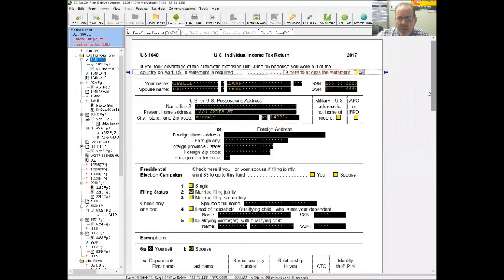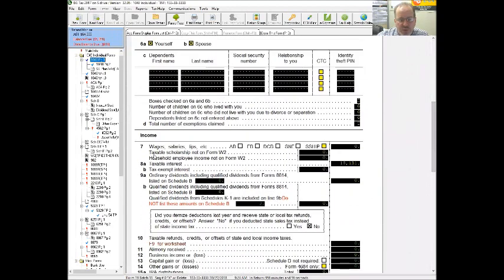So the first way is if you go to line 7 where the wages or the W-2s would go, okay? We can go there, and if I go into that line, I can go into the box.